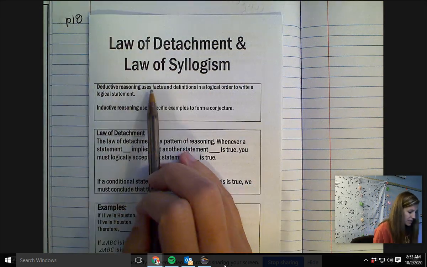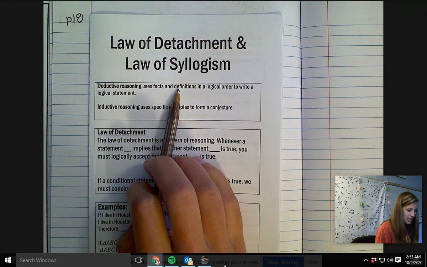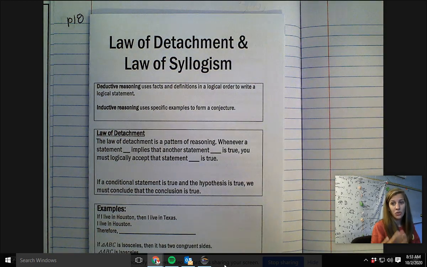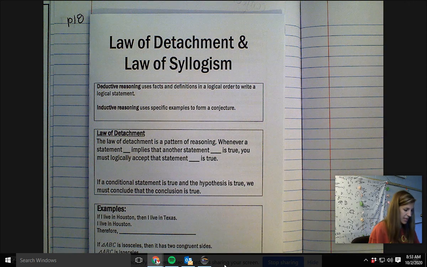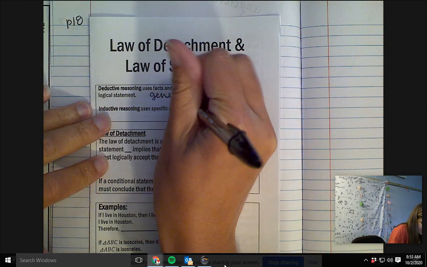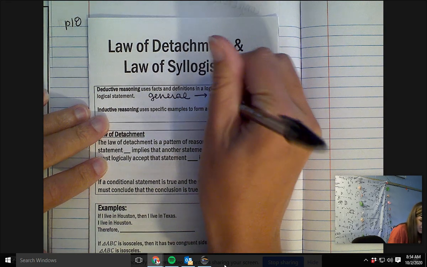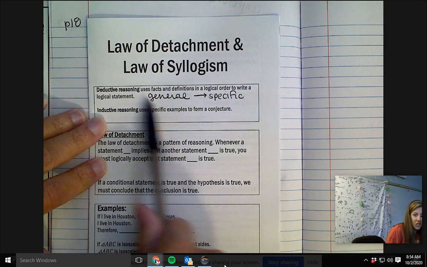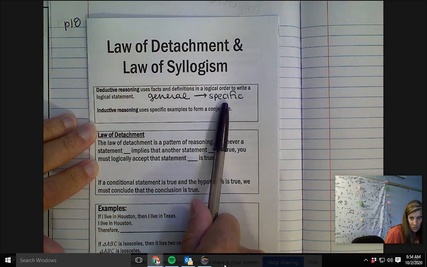So deductive reasoning uses facts and definitions in a logical order to write new logical statements that follow from those other true logical statements. So we're taking a general definition of something and using it to say that other specific things are true.